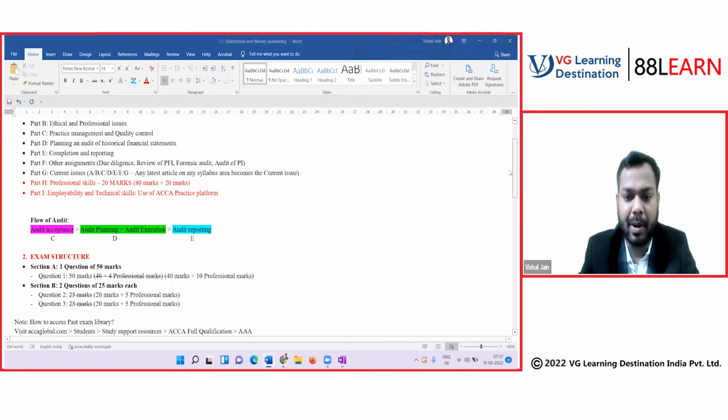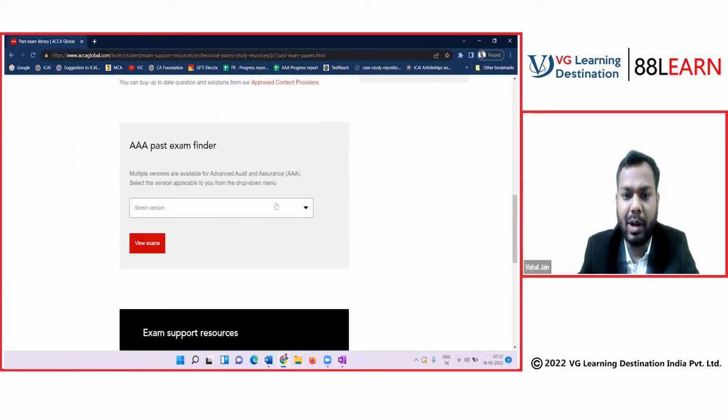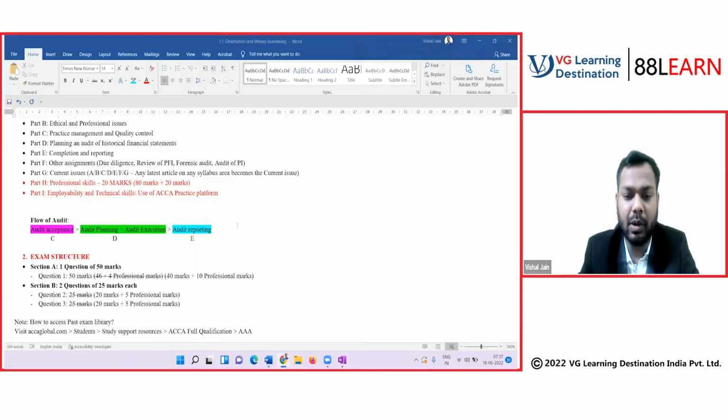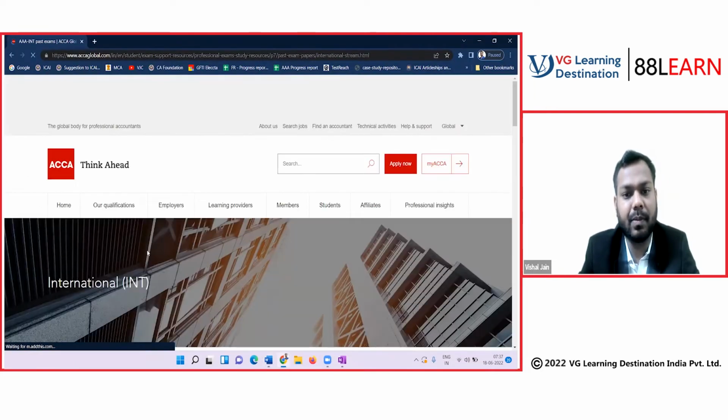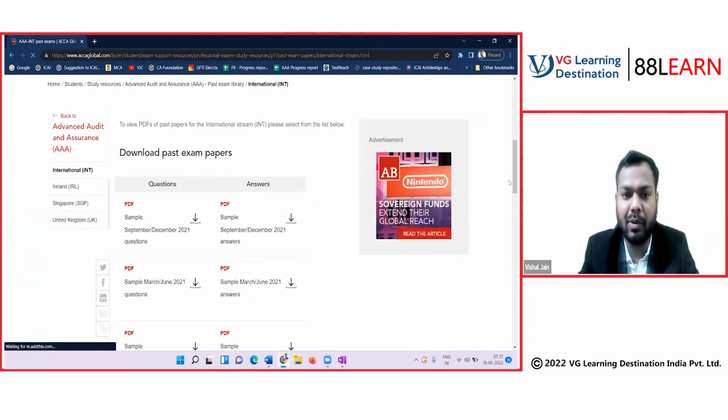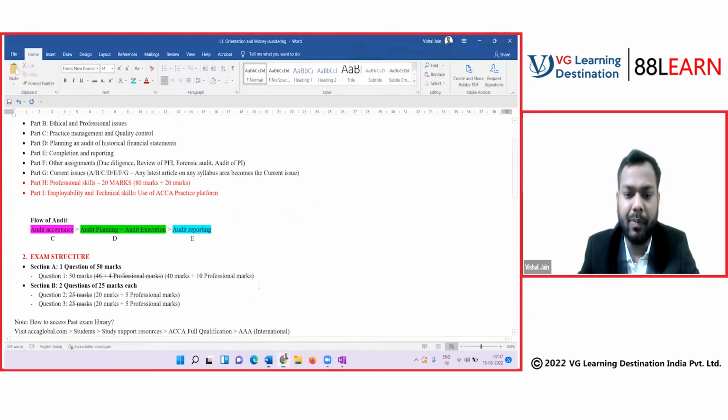Now in that you have to select the international version, AAA international, and view exams. Now if you see the exams, there are multiple papers, and you will enter the past exam library.